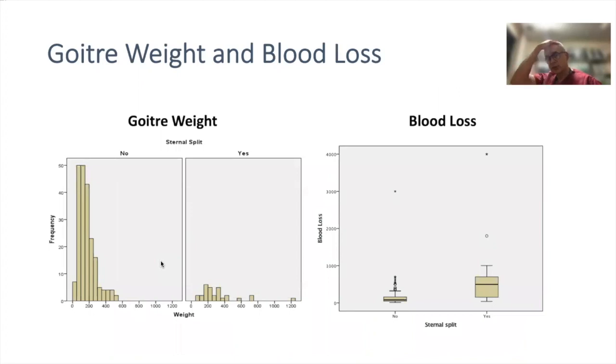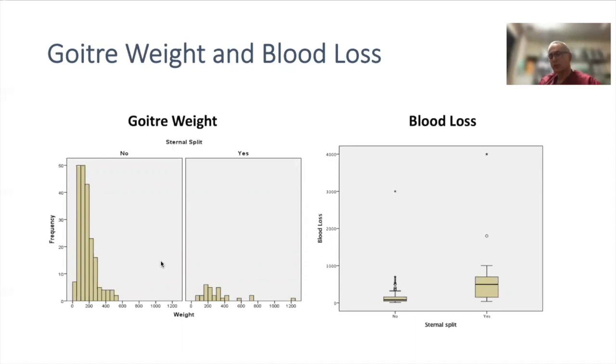One of the things we wanted to correlate is that the heavier the goiter is, the more potential blood loss there will be. And we found that usually for these big goiters, you normally use a mil of blood per gram of weight.